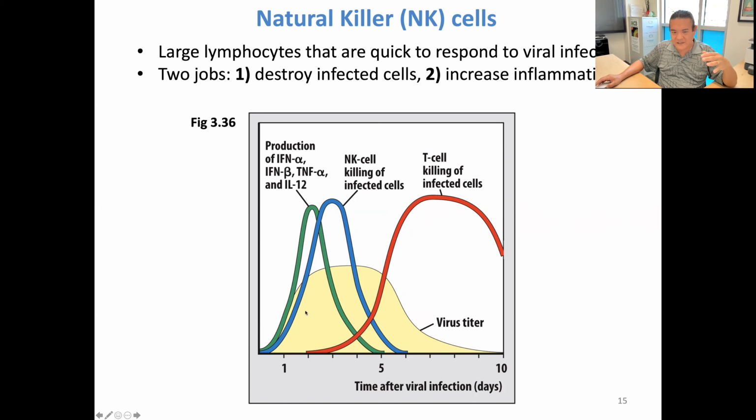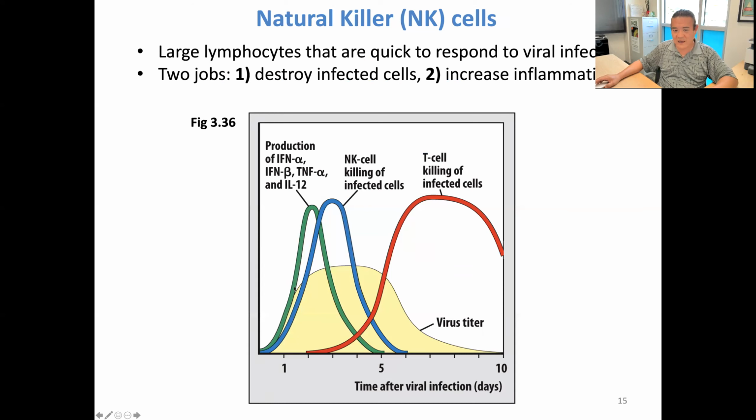So it probably would have made sense for me to point out the yellow curve here is the virus titer, meaning over time, what is the load of virus particles that can be detected in the tissues, right? So within the first few days, the virus titer grows exponentially, right? As the virus is basically able to escape from things like your immediate immune response, right? It's getting into cells, places where macrophages and complement proteins can no longer get to it.